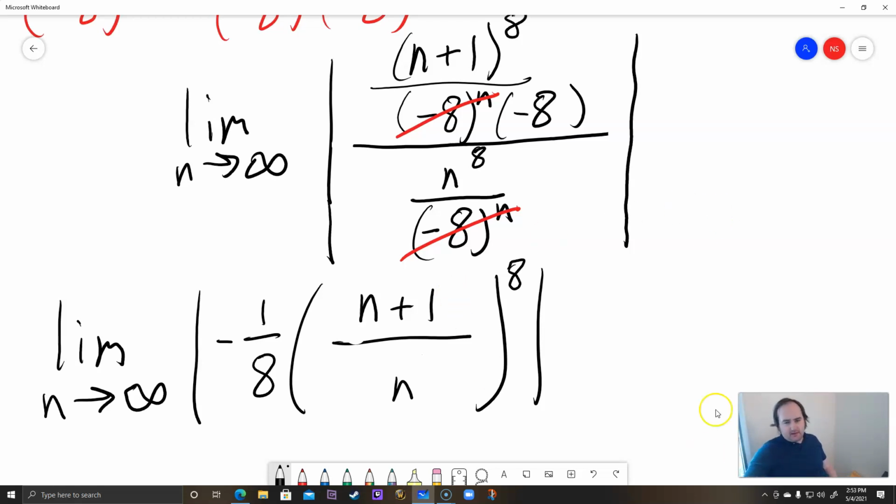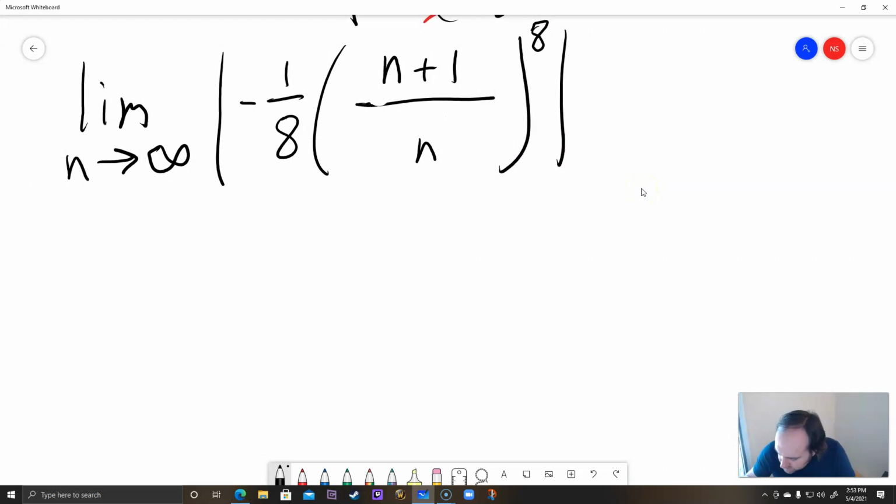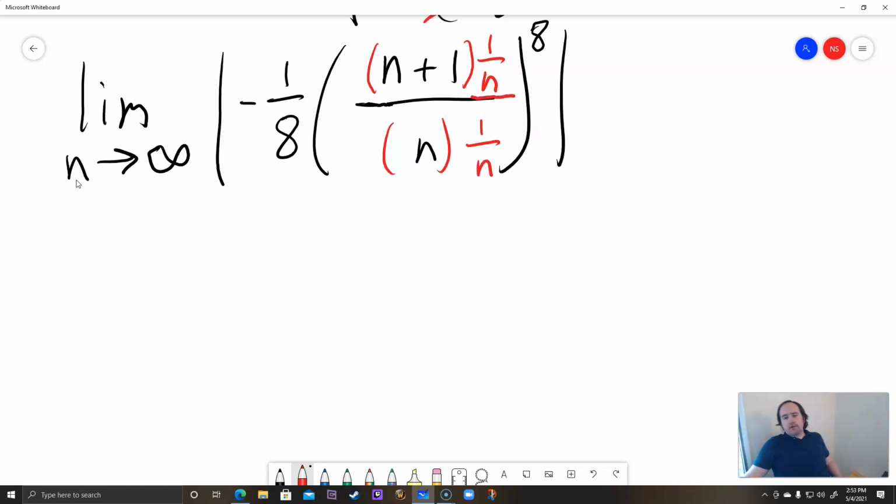What we're going to do next is our favorite thing to do whenever we're doing an infinite limit and you have a rational expression or a fraction. We like to multiply the top and the bottom by 1 over the highest power in the denominator. So inside of this exponent, I'm going to multiply the top and the bottom of this fraction by 1 over n, because n is the largest power in the denominator.